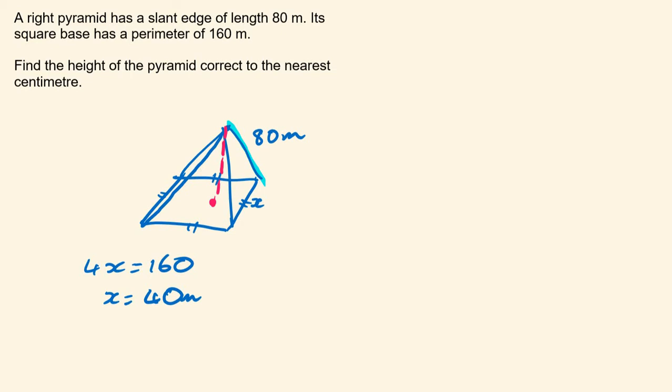So, here's the triangle that includes the slant edge. This is what we're trying to find. We don't know that length.